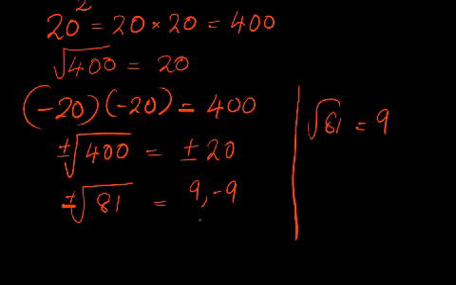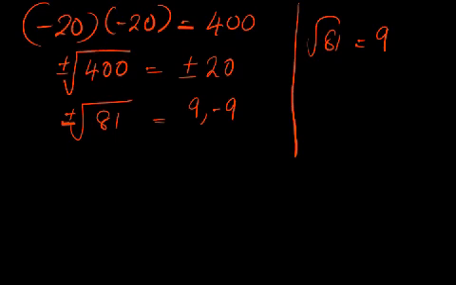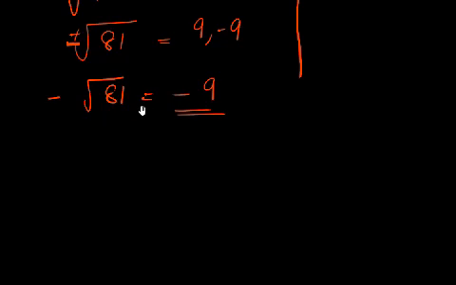Okay. Then, what if the question is negative of square root of 81? Then it is negative of 9. So the answer is negative 9. So that is the difference between just square root of 81, plus or minus square root of 81, and negative of square root of 81.